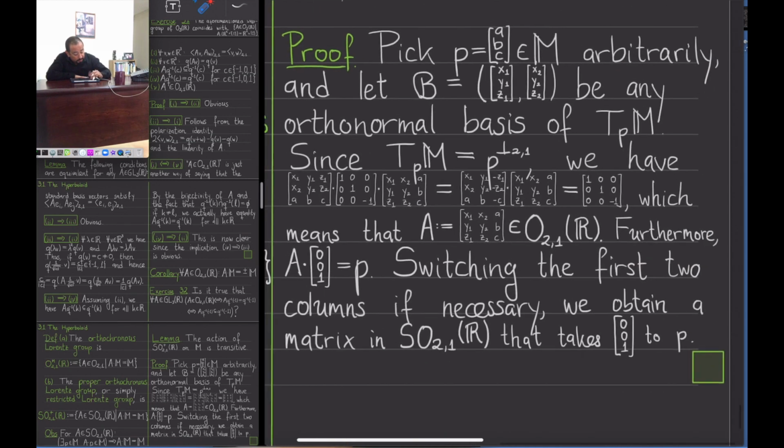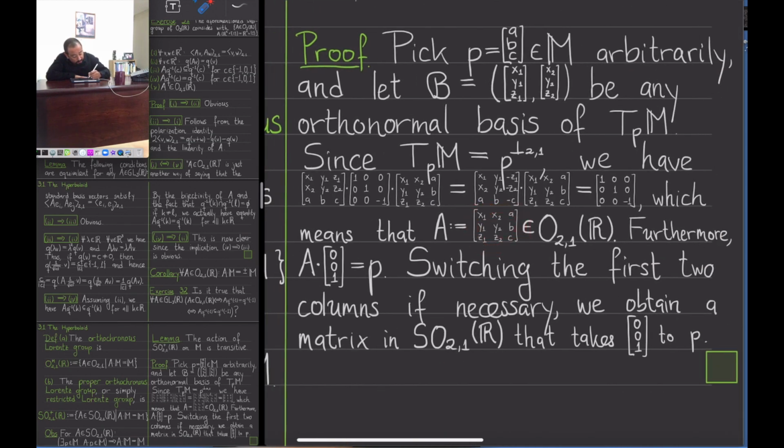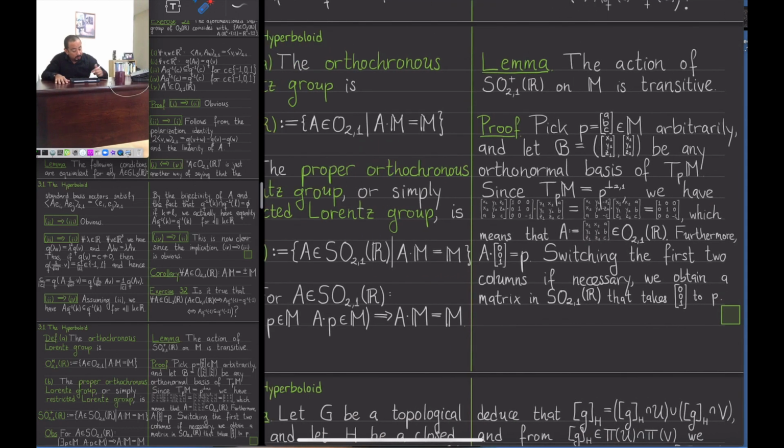Well, look here, when you multiply with the vector (0, 0, 1), this product rescues the third column, right? Okay, so you don't want to move the third column of A. Then you exchange these two. So if A has determinant -1, then just exchange these two. If it already has determinant 1, don't do it. So then we have an element in SO(2,1)(R).